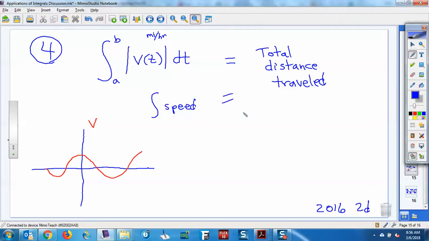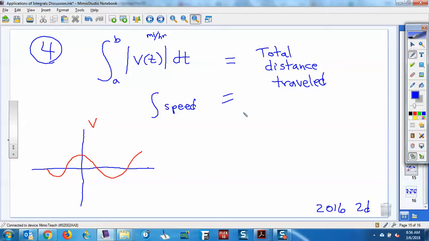But remember, speed is the absolute value of velocity. This usually comes in real handy on calculator problems. All you do is throw absolute value bars around the velocity graph, type it into your calculator, and away you go. But this is not net, this is total, so we got to understand why.